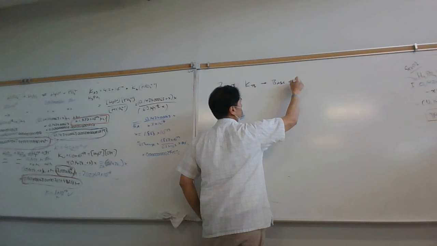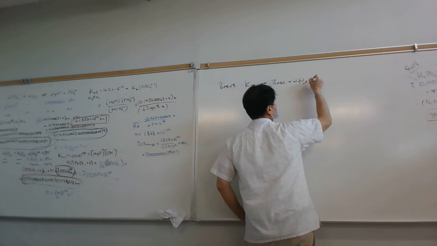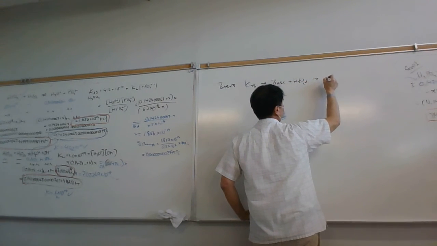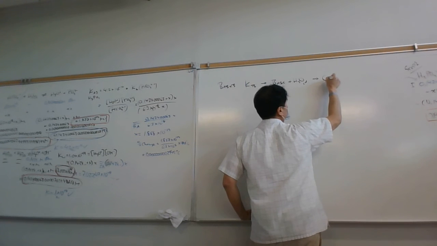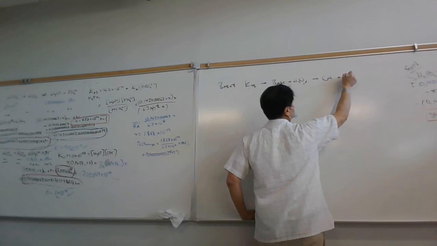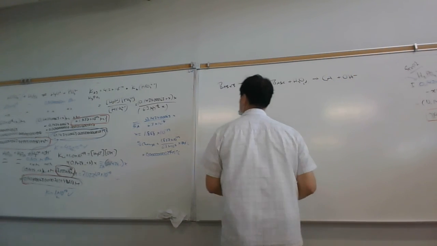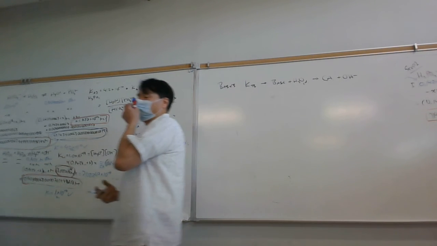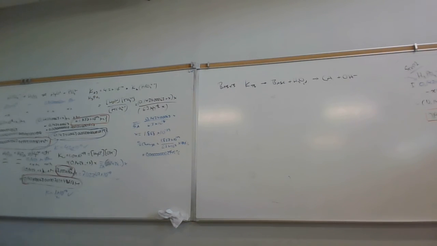When we have base plus water, we get hydroxide and conjugate acid. So conjugate acid plus hydroxide. If I look over here, that's a Ka table. Do you see? There's a Ka, that's acid plus water. Where's my Kb table? You see a Kb table? There's typically no Kb table.